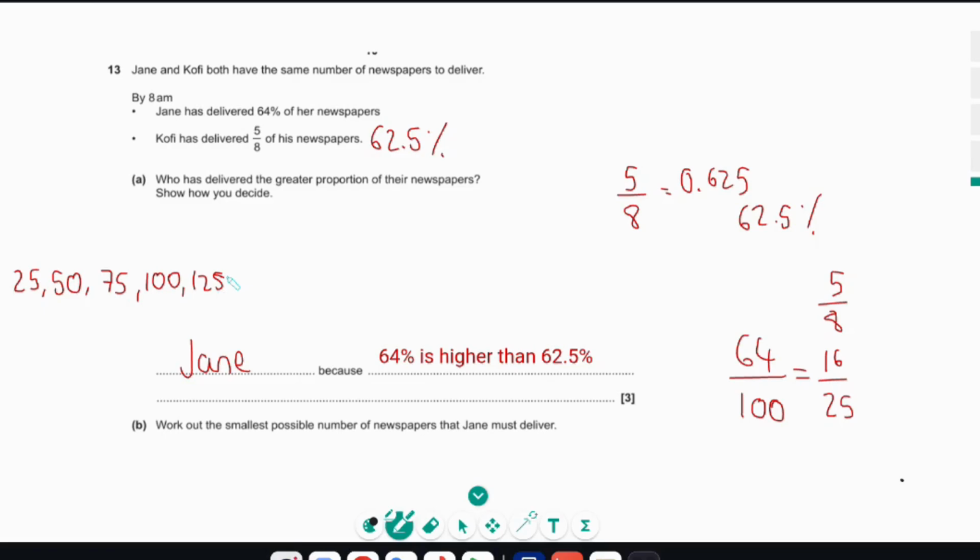You can check to see if one of these are multiples of 8 by dividing them by 8. 150 divided by 8, no, it's a decimal. 175. 200. 200 divided by 8 is 20. Yeah, so 200 does divide by 8, so it's got to be 200.